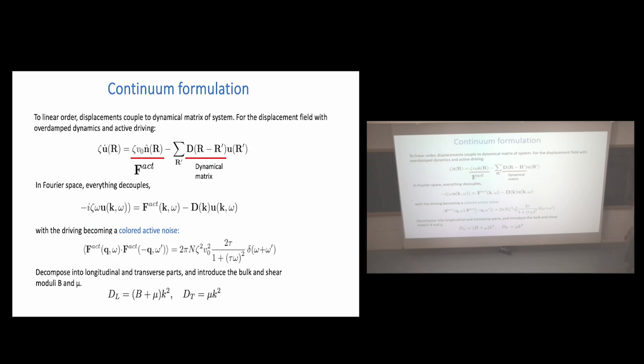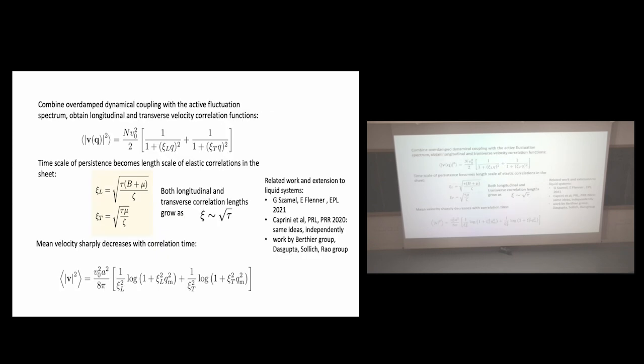So you can compute this exactly. You can decompose this matrix into a longitudinal and a shear part with bulk and shear moduli. And if you calculate everything, you will explicitly get a velocity correlation function out of this, a mesoscopic correlation function with length scales in here. One for the longitudinal and one for the transverse, which is actually very simple.